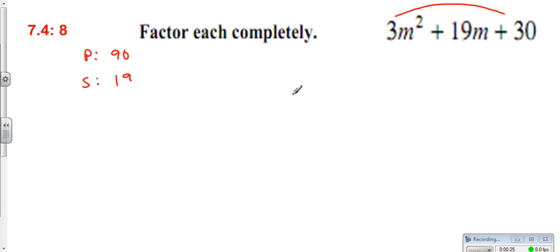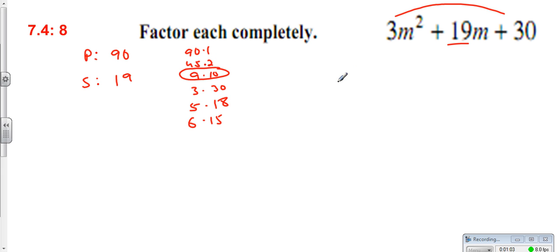So factors of 90: 90 times 1, 45 times 2, 9 times 10, 3 times 30, and you also have 5 and 18, and 6 and 15. Which one adds up to 19? That would be those two.